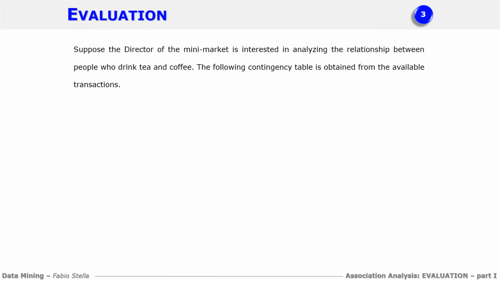We now analyze the following situation. Suppose the director of the mini-market is interested in analyzing the relationship between people who drink tea and coffee. Then, the following contingency table is computed from the available transactions, so using the transactions dataset.